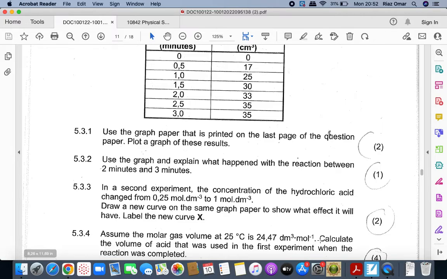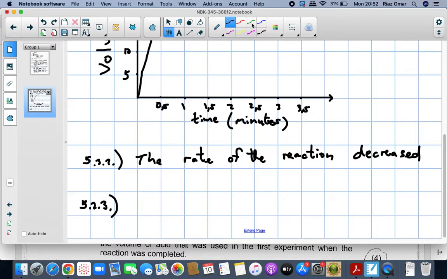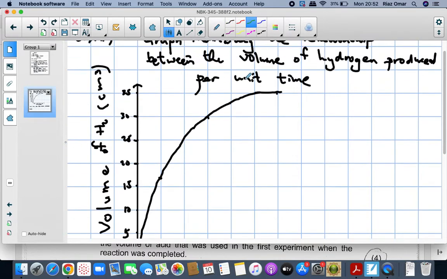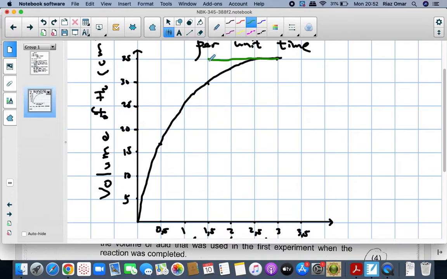So okay, here's our graph. Alright, I'll just use a different color. Maybe I'll use the green color. If this is our graph, then basically we don't know when because they didn't give us results, but maybe I'm just putting a point here, right? And the reaction will reach completion at an earlier time, and the rest of the reaction should be similar to this.